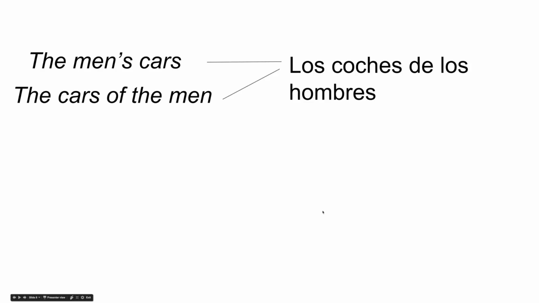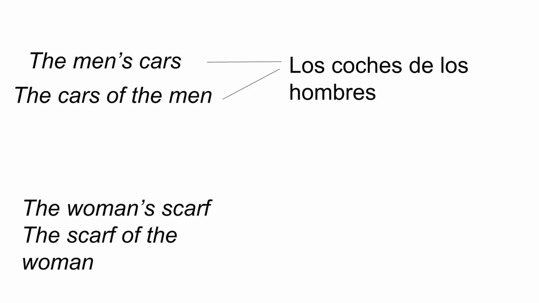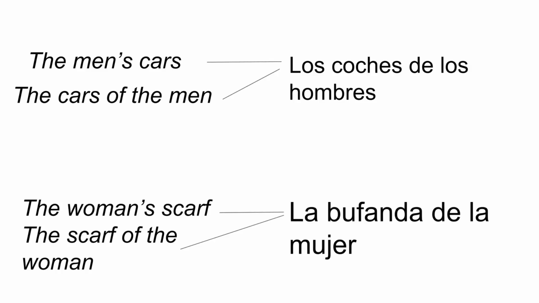What we're doing is we're just rewording to take out this apostrophe because you cannot use those in Spanish. The woman's scarf. One woman, one scarf. So reword it, the scarf of the woman. La bufanda de la mujer. La bufanda as in Billy la bufanda.